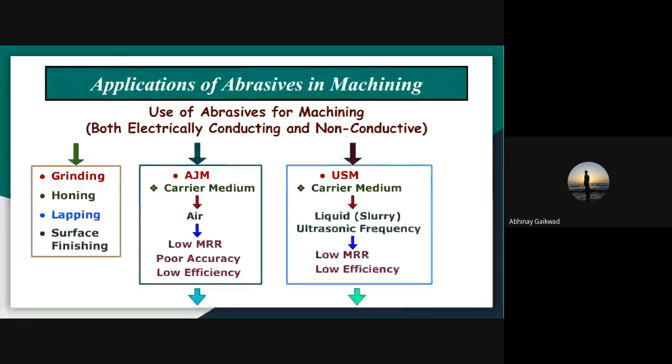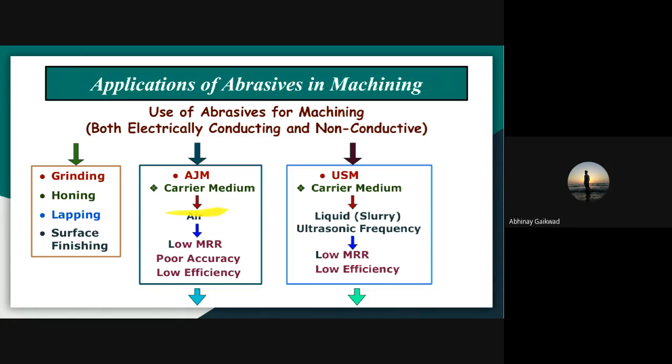In AJM, a carrier gas is used, which carries or moves the abrasive particles. That carrier gas is air, which is easily available, cheap and non-toxic.